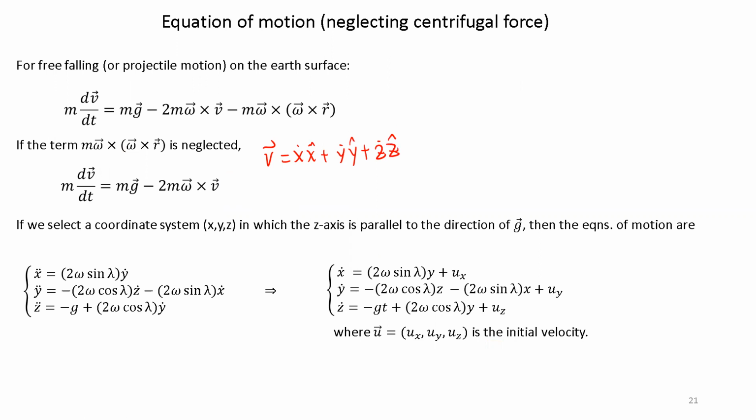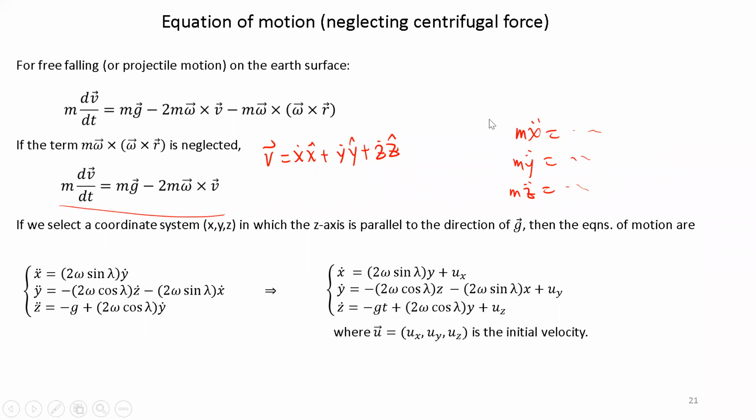Therefore, this equation of motion can be decomposed into three equations: m x double dot equals something, m y double dot equals something, m z double dot equals something. And what do we have on the right hand side? Because of this omega cross v term, you can have x dot, y dot, or z dot, some of them.